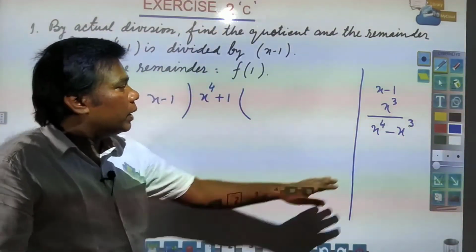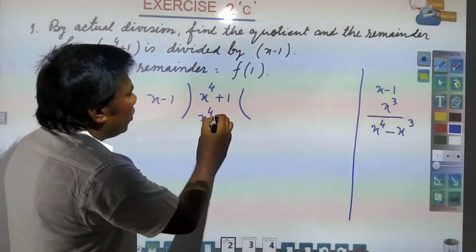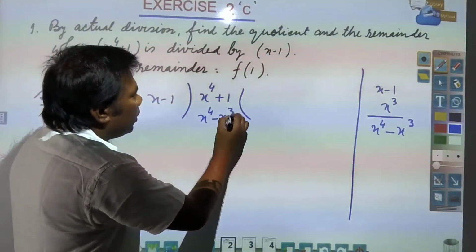Now this needs to be written over here. You will get x to the power 4 minus x to the power 3.